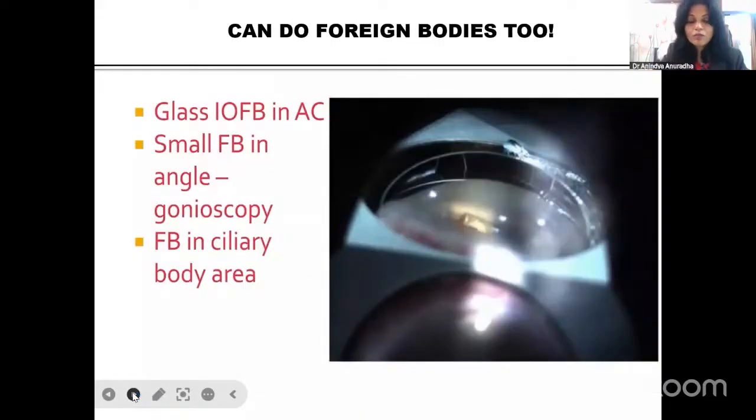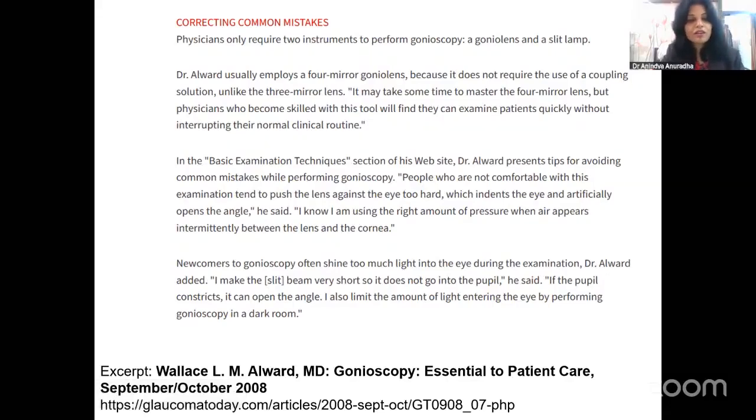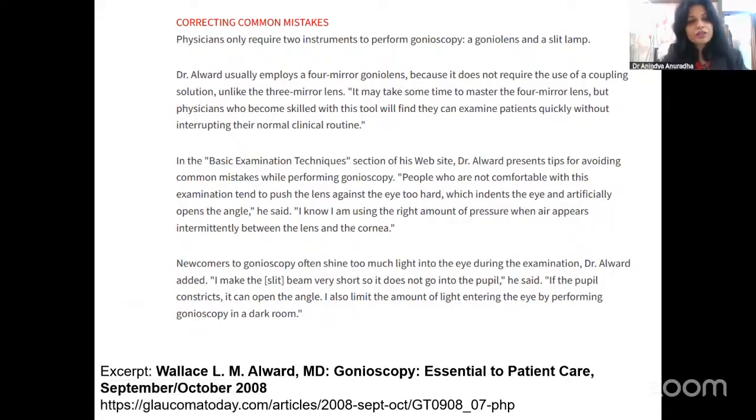Sometimes, to find a foreign body also, gonioscopy is required. These are a few literature sources where there are specific criteria on how to do the best gonioscopy, which I will suggest you go ahead with. So my topic was gonioscopy. Is it really difficult? Hopefully, once we do it, it may not be that difficult.